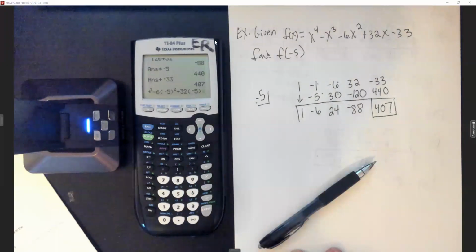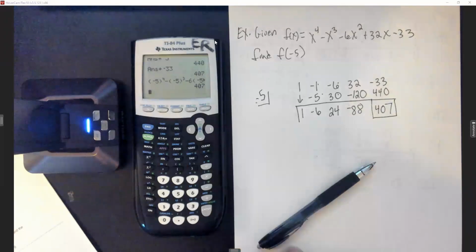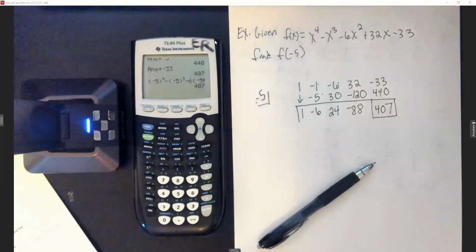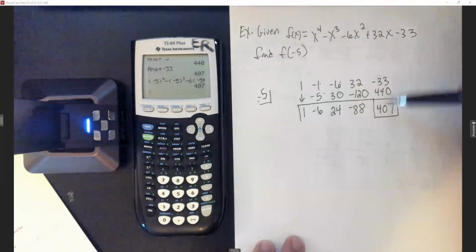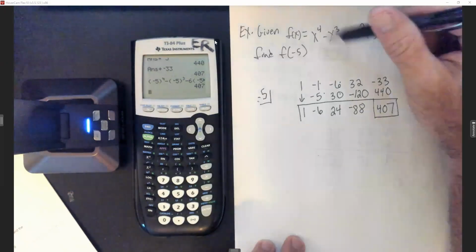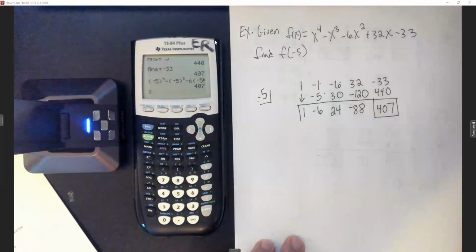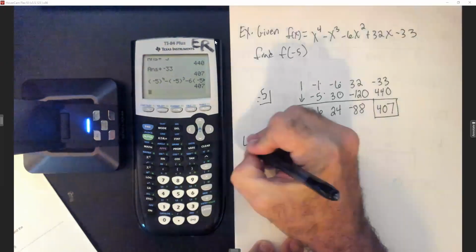When I hit enter, hopefully I get 407. So a lot of times that's what I'll do on function values. If I don't want to mess with big exponents, I'll just do synthetic division, and that knocks them out pretty quick.